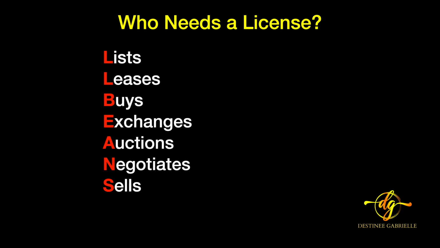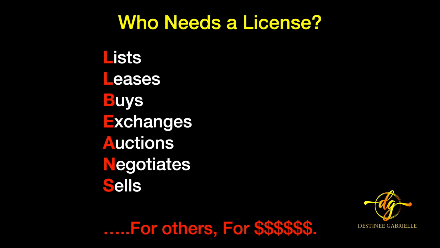Remember the last part of this. For others, for money. The for others part, do not forget that. So if the question says, Destiny bought a house for herself, does she need a license? No. Because Destiny and Destiny is the same person. So make sure you remember that part.